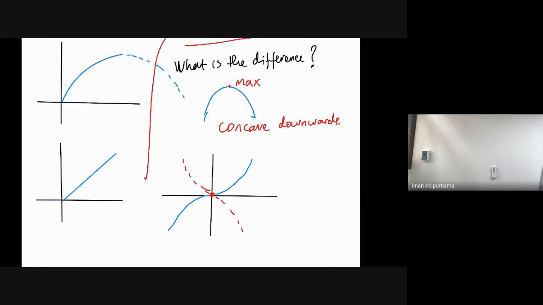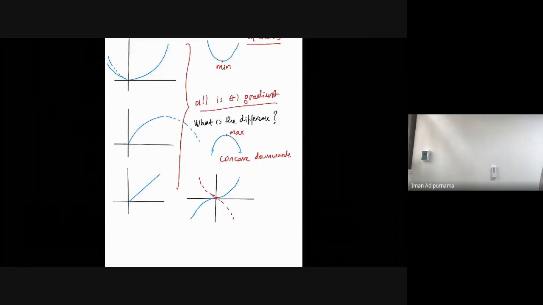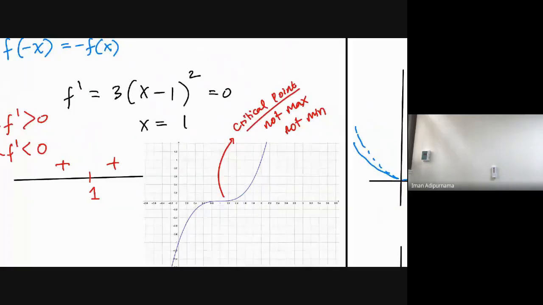Let's go back to our previous question. Back here, okay? So at this point, the 1, 0, this is x equal 1 here. Exactly at this point, downwards is changing to upwards, right?